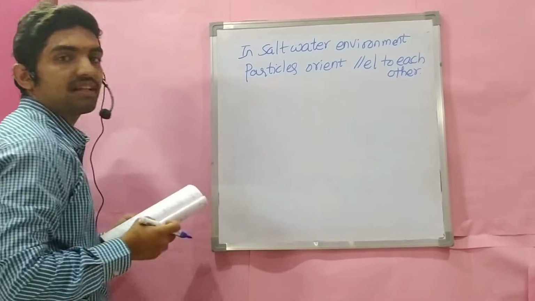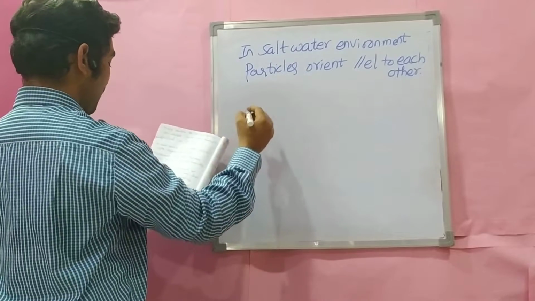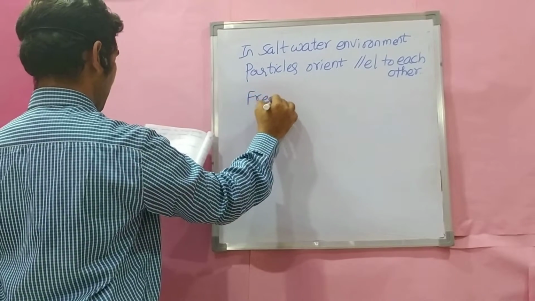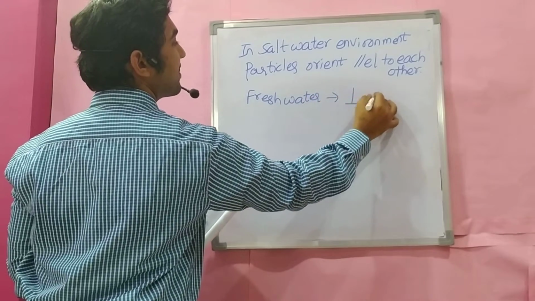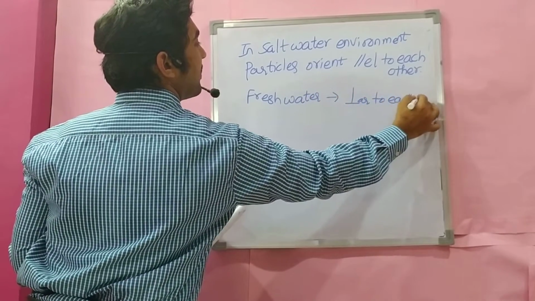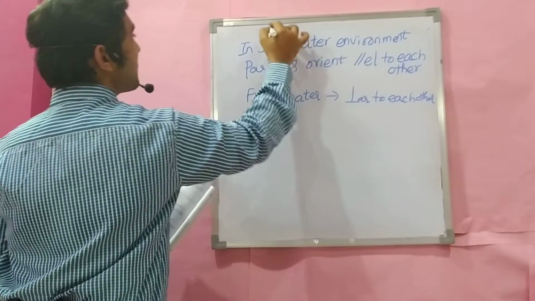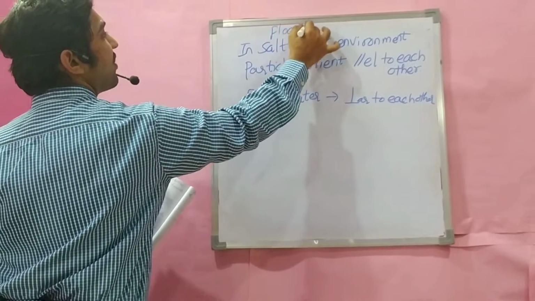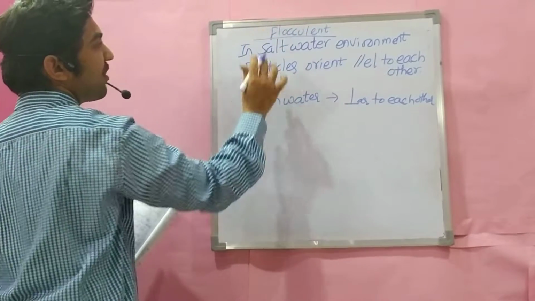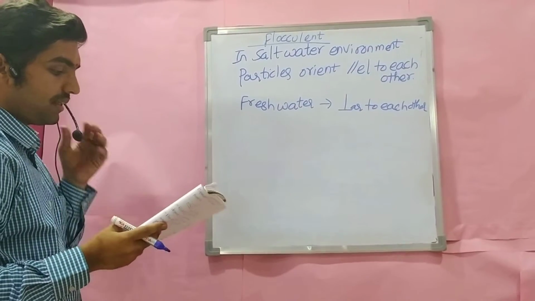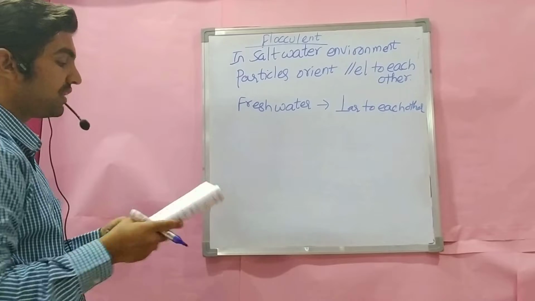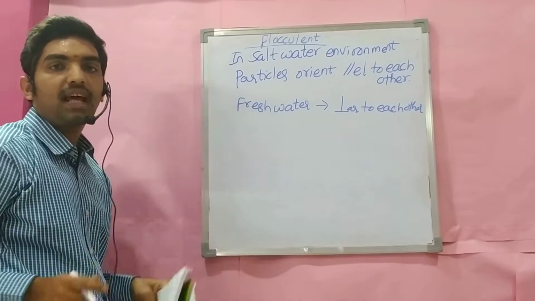In freshwater environment, perpendicular to each other. Both are in case of flocculent structure only. In case of flocculent it only depends upon the type of environment. So the environment under which deposition occurs also influences the type of the soil.